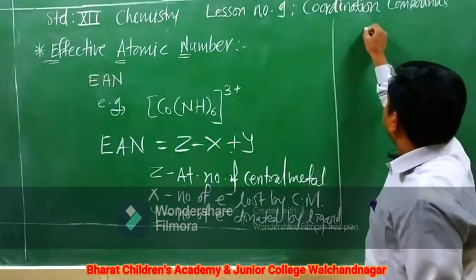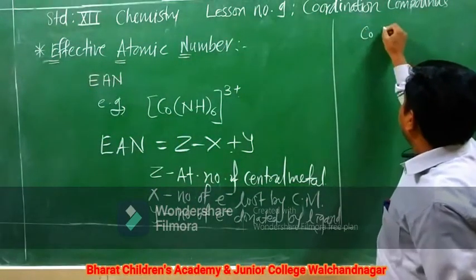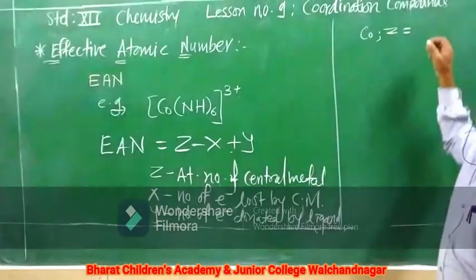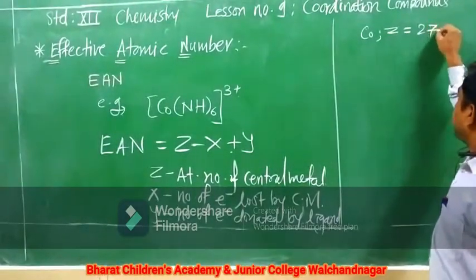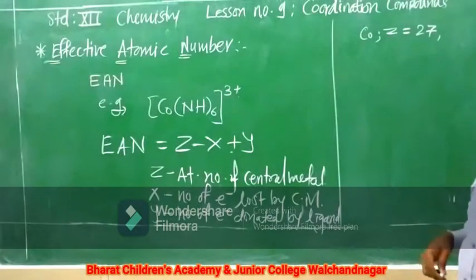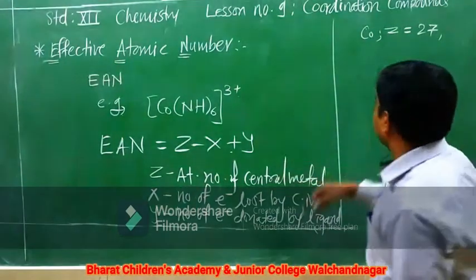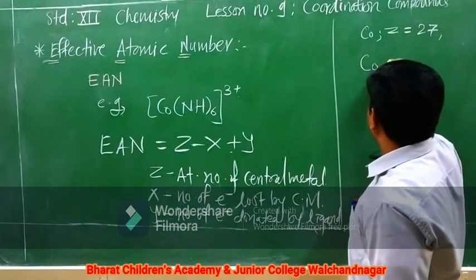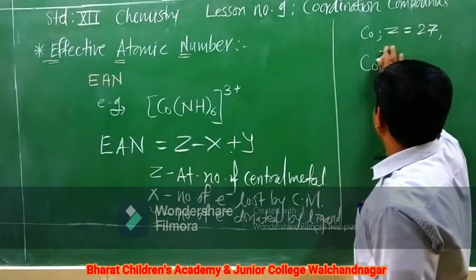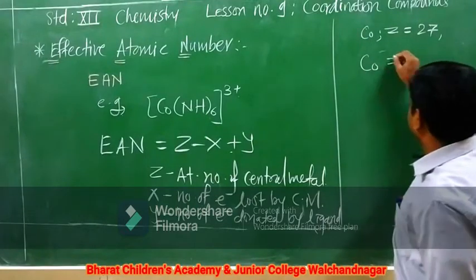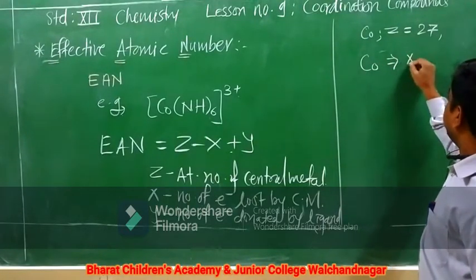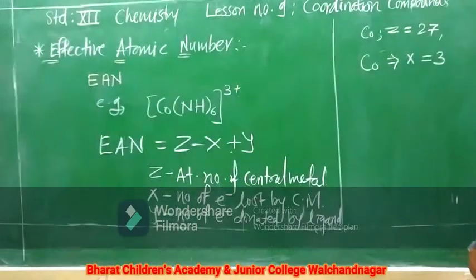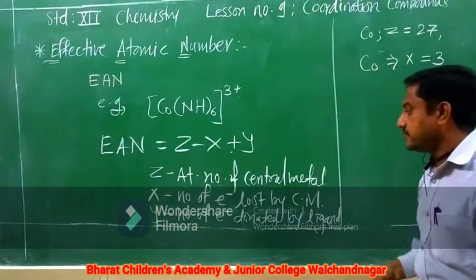So everybody knows that the cobalt is having atomic number equals to, yes, it is 27. Atomic number of the cobalt is 27. The charge present on the cobalt will be plus 3. Therefore, you can see the number of electrons lost by the cobalt in order to acquire the charge is 3.